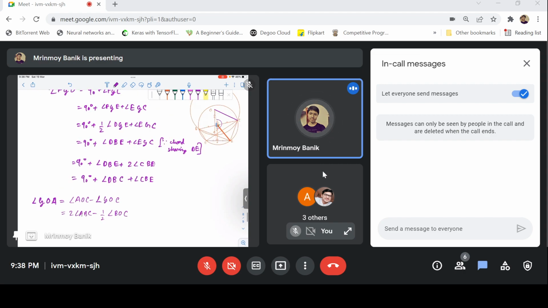So now we have to somehow link these two angles. We have ABC. So ABC is one of those common angles. ABC is actually CBE.